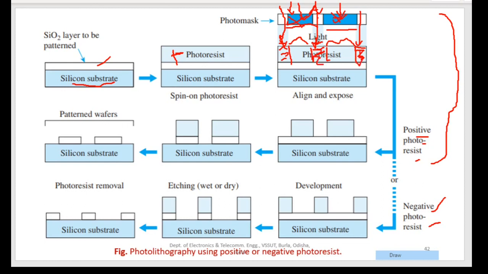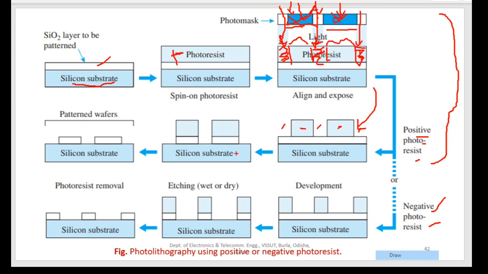Okay, and when you remove these areas which have become soluble in nature, we will be left with only this particular area and this particular area. It will look like this. This area is gone, this area is gone, this area is gone, only this area and this area is left, right?